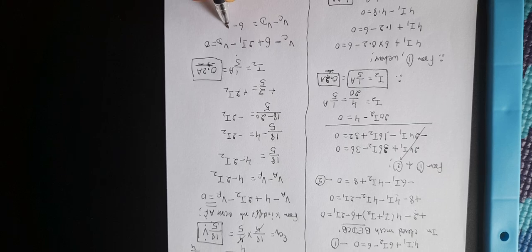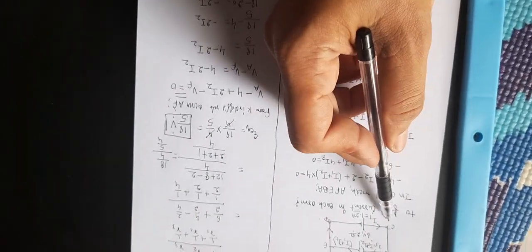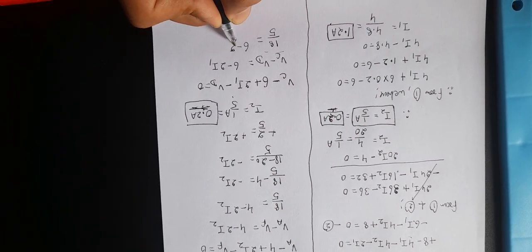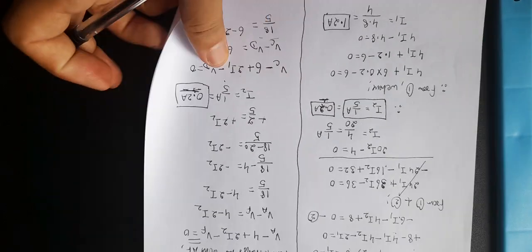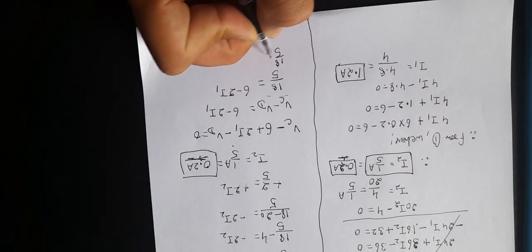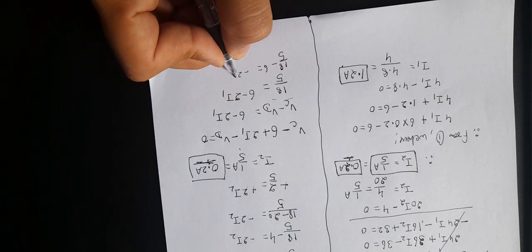Again VC minus VD is equal to 6 minus 2I1. What is VCD? Potential across C and D. This is 18 upon 5. Again 18 upon 5 is equal to 6 minus 2I1. If you are going to find out this one further, 18 upon 5 minus 6 equal to minus 2I1.